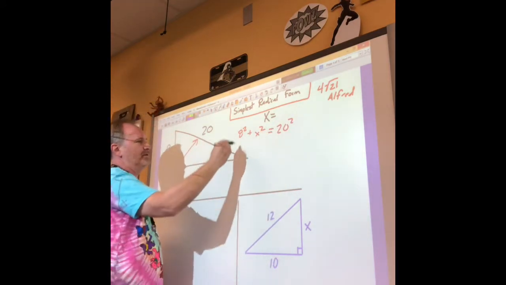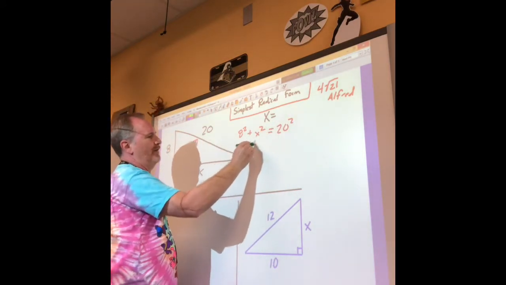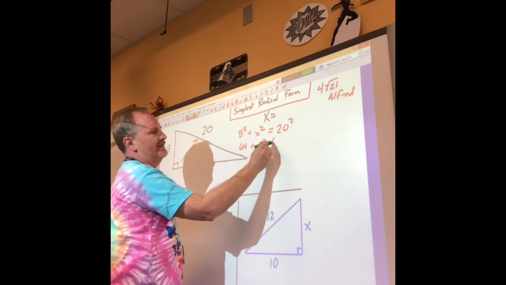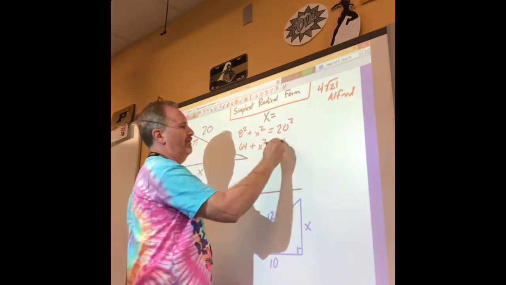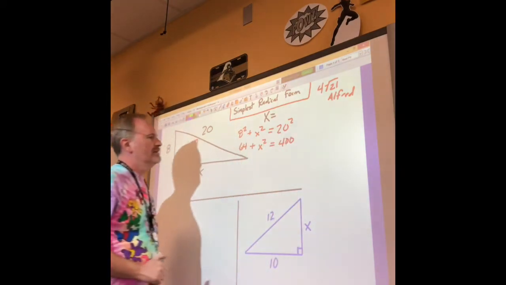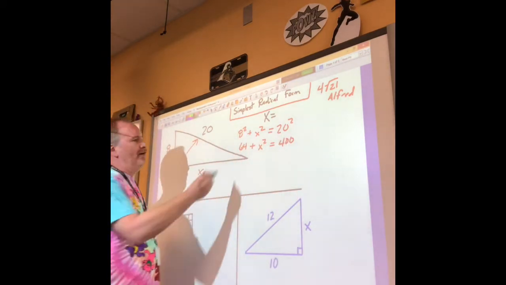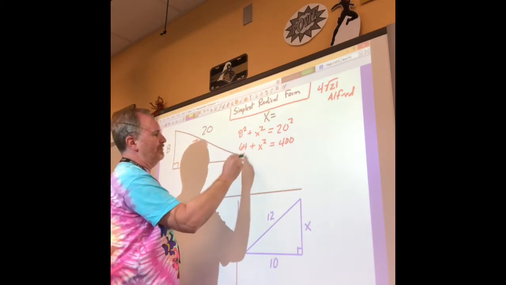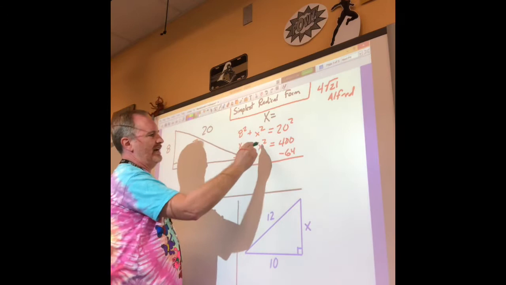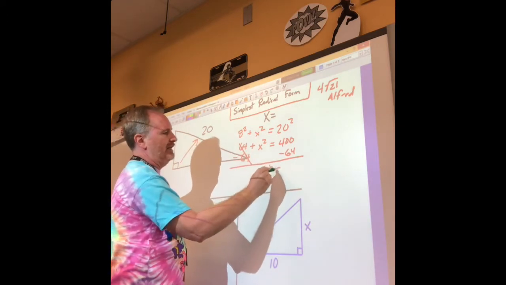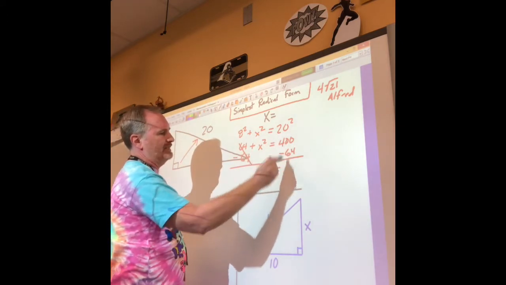Okay. 8 squared, of course, that's 64. X squared, we don't know what that is. And 20 squared is 400. All right. So then I'm hoping Alfred subtracted off the 64 from both sides. And if he did, he should have x squared equals, what's that going to be, 336.